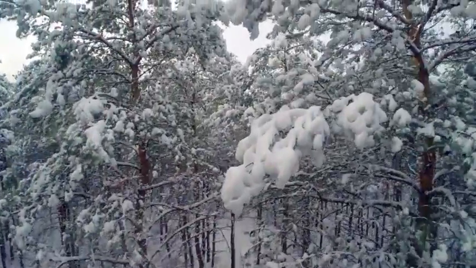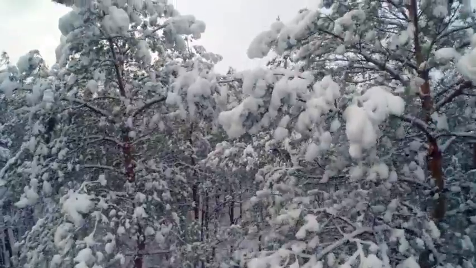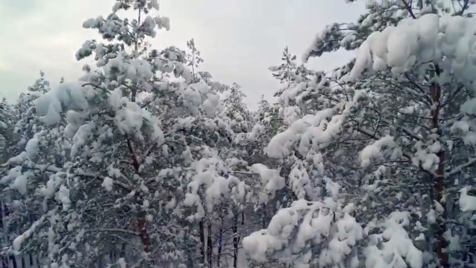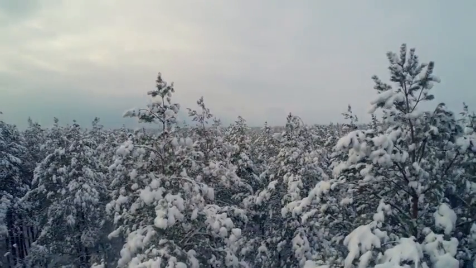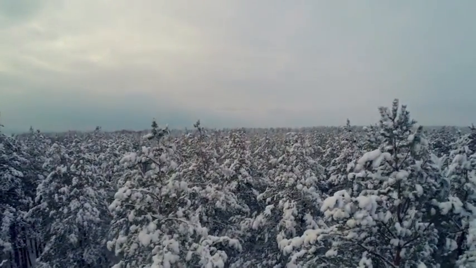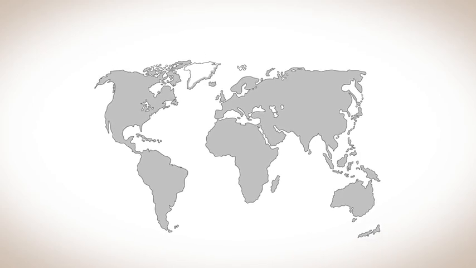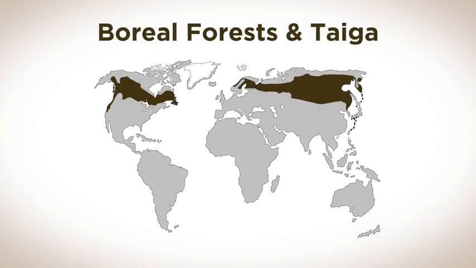Nearer the poles, between about 50 and 65 degrees latitude, we find the world's most extensive forest type, the boreal forests, or taiga. Because there isn't much land mass at these latitudes in the southern hemisphere, taiga is really restricted to the northern hemisphere, and most of it occurs in Canada and Russia.